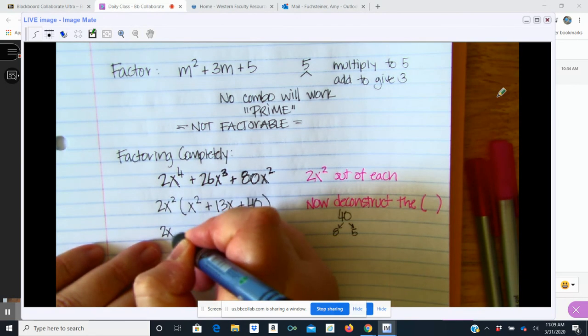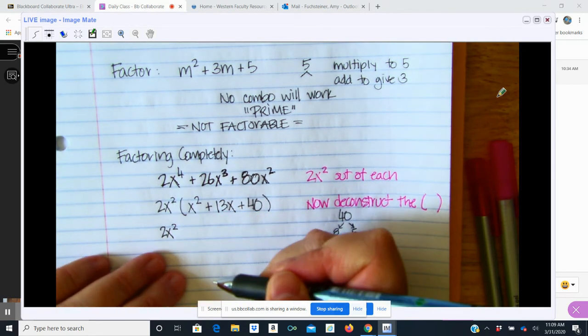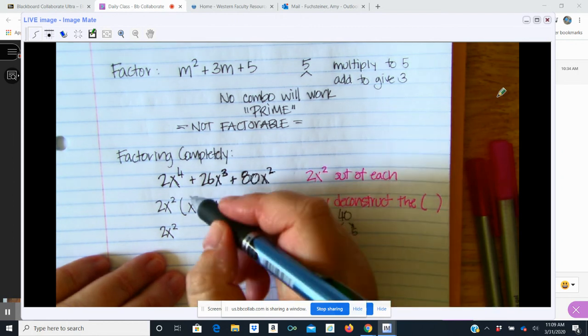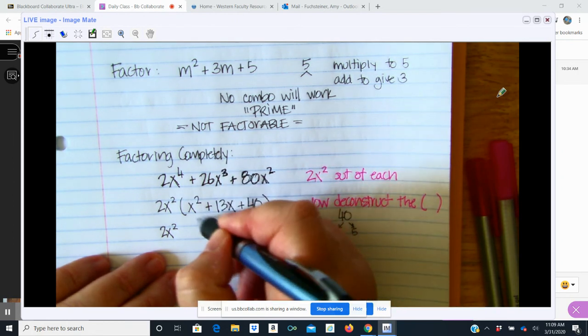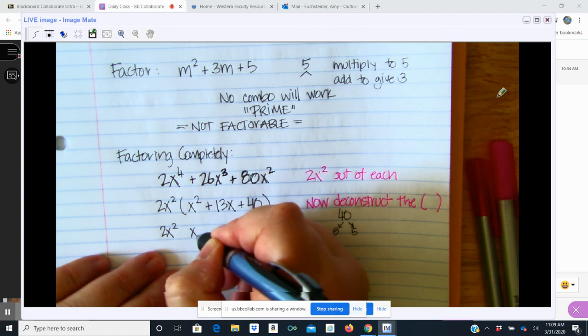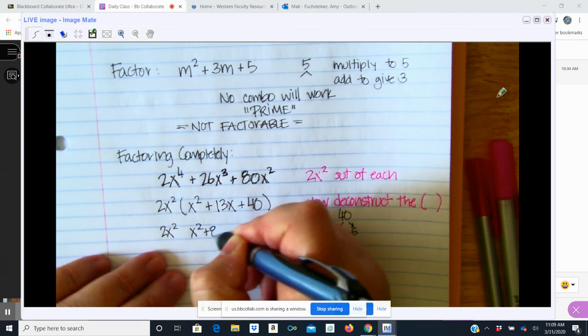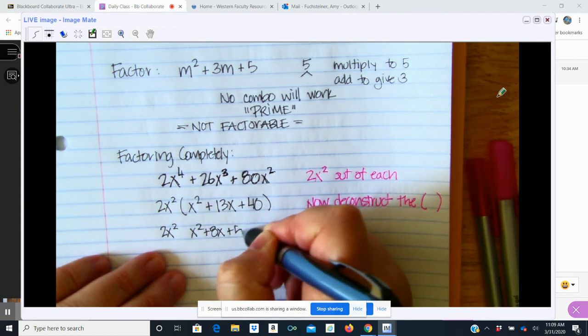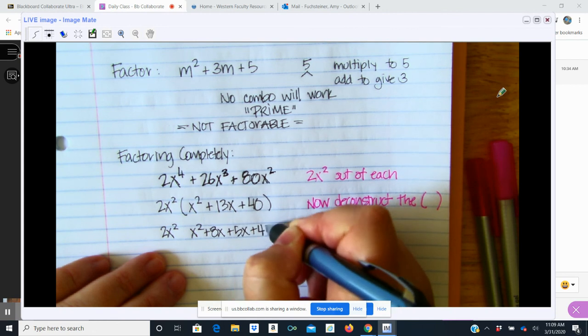So this 2x squared comes down on the outside. We leave it there. Then this becomes an x squared plus 8x plus 5x plus 40.